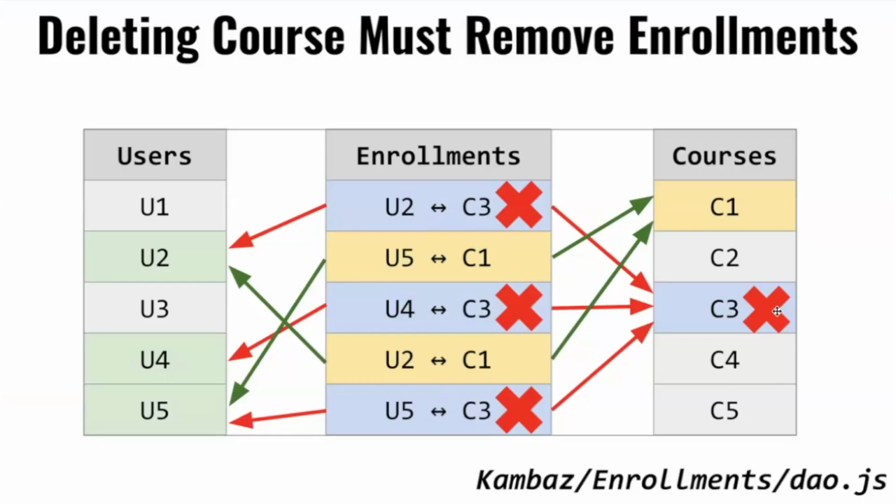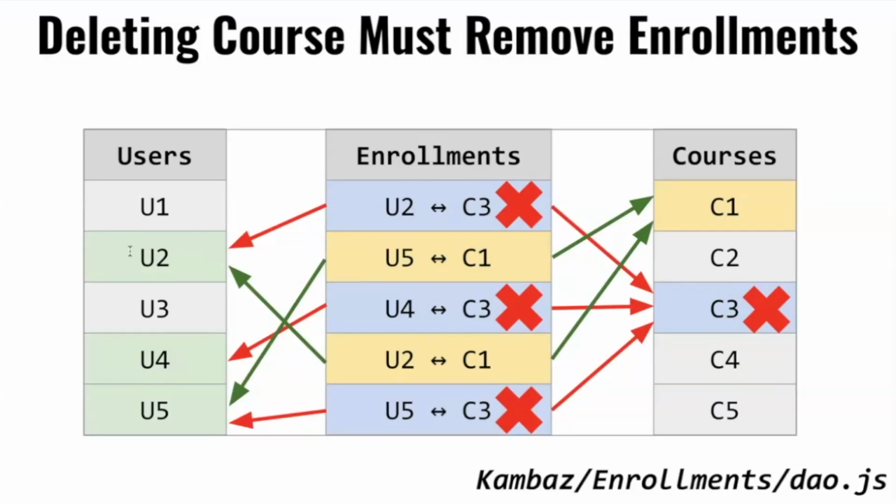It doesn't exist anymore. So we need to be able to propagate this deletion in a many-to-many, or even in a one-to-many, where you remove on the one side of a relationship, that removal needs to be propagated across to the records that are associated. So we would want to propagate the deletion of the course C3 to the deletion of the corresponding enrollments, but not vice versa.